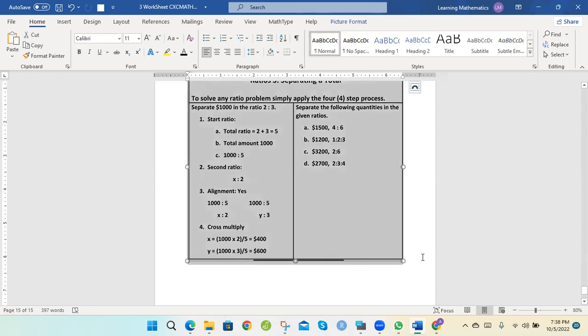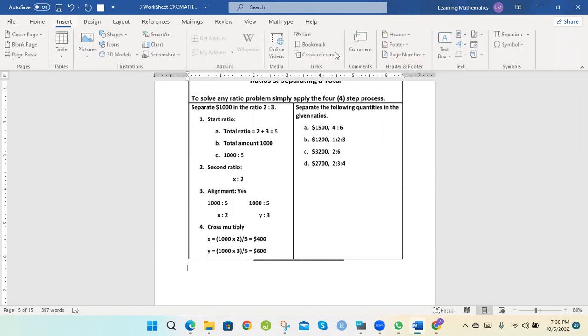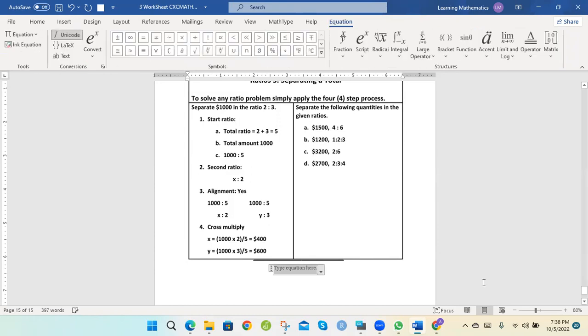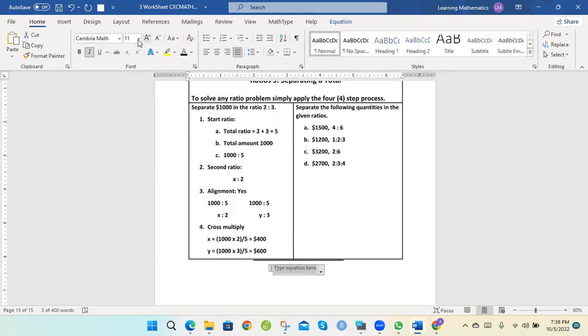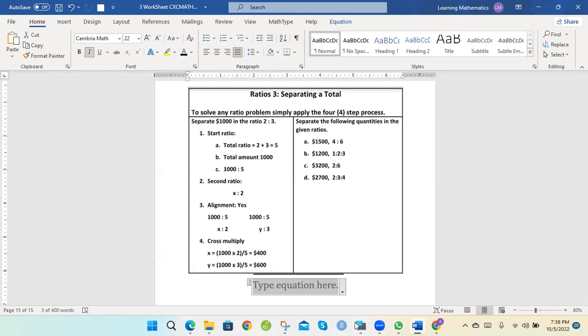The first step in the 5-step process is your labeling ratio. Your labeling ratio must be words or letters. When you separate a quantity into different parts, the labeling ratio is quantity and parts.